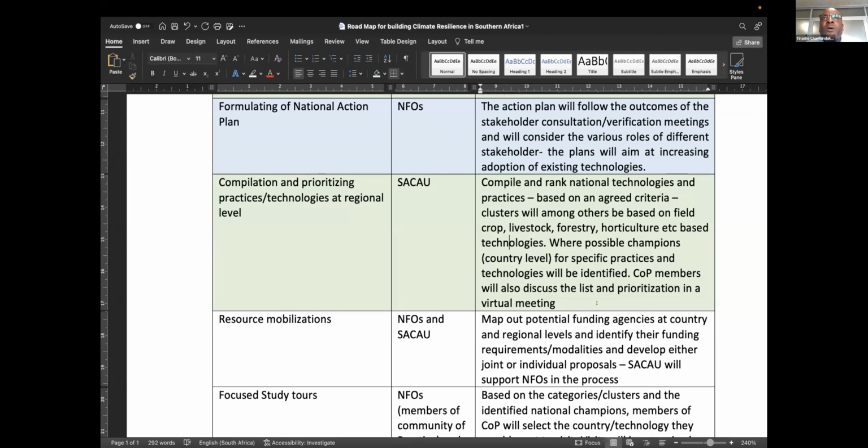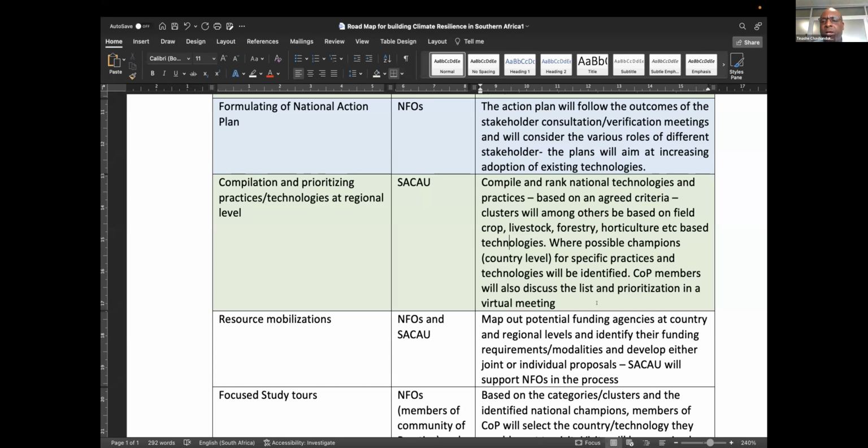Then we are also proposing here that at country level, we need what we call climate resilience building champions. These are focal people who will take charge and say, in Zimbabwe, I'm responsible for the crop subsector climate resilience team.